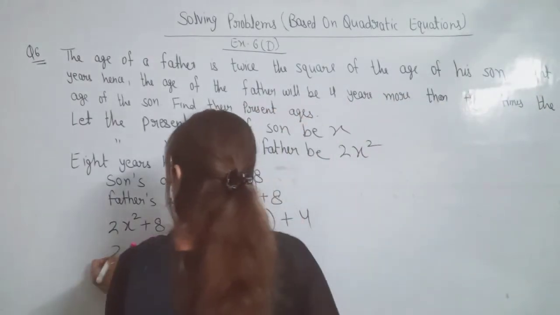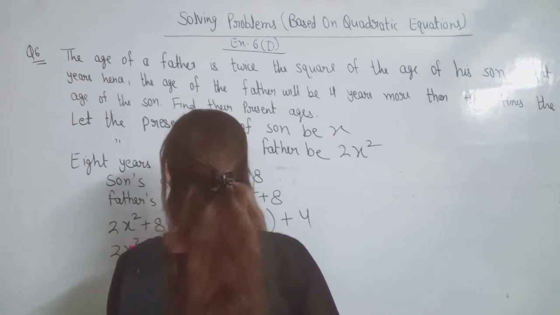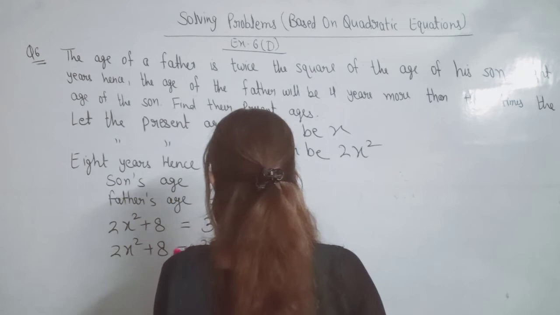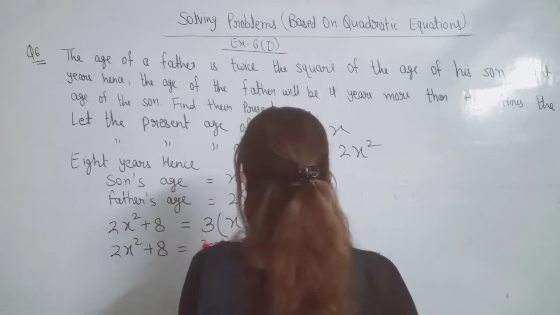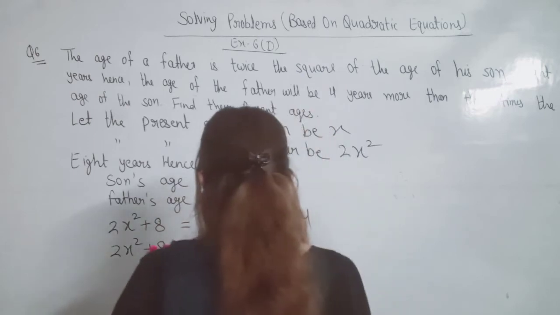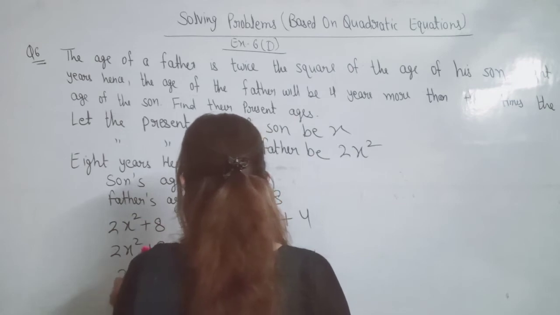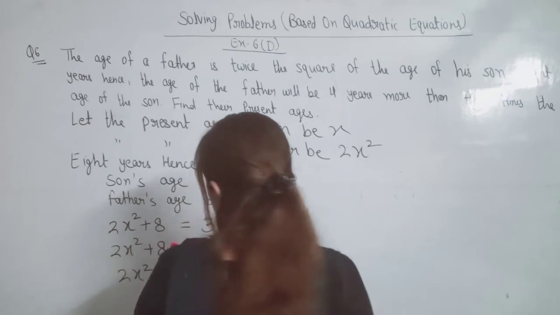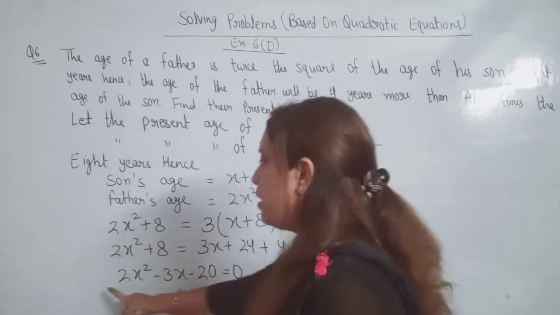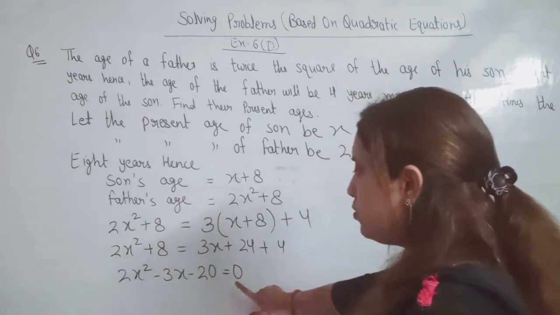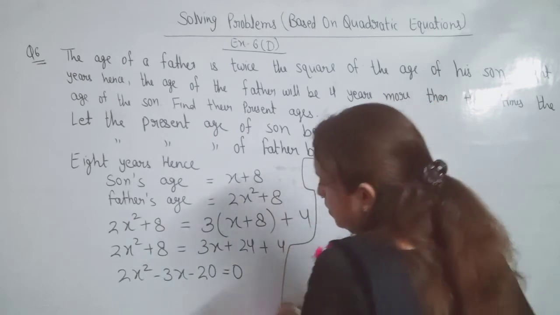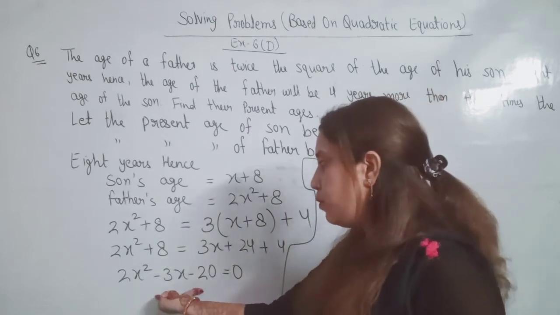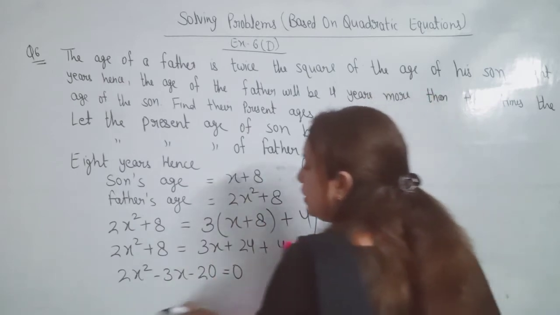2x square plus 8 is equal to 3x plus 24 plus 4. So the final equation will be 2x square minus 3x minus 20 is equal to 0. After that, we will solve this quadratic equation by the middle term splitting method. 20 into 2, 40.